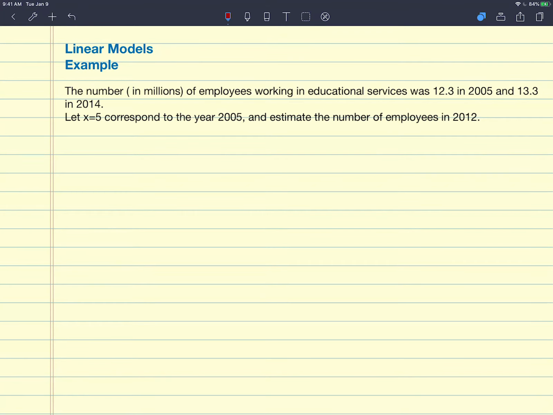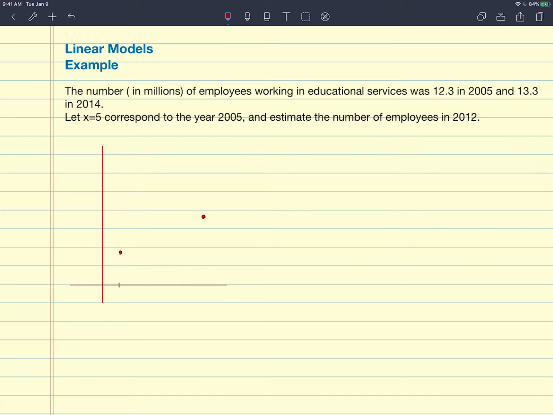Let me give you an idea of what's happening. The basic idea is that we're given 2 points, a point for the first one and a point for the second point of the data that are given to us.